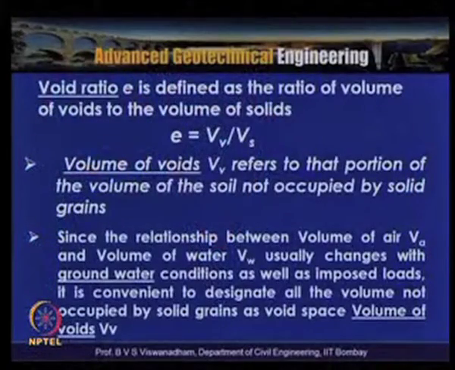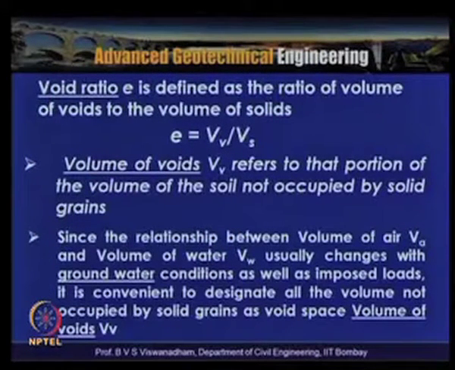Void ratio is defined as the ratio of the volume of voids to the volume of solids, which can be written as e is equal to Vv by Vs. Volume of voids, with suffix v, refers to that portion of the volume of the soil not occupied by the solid grains.